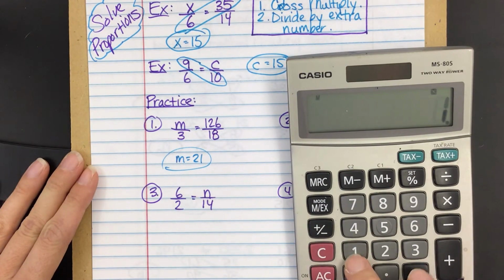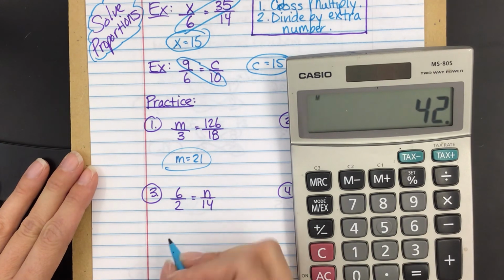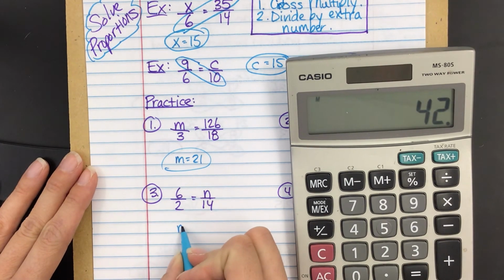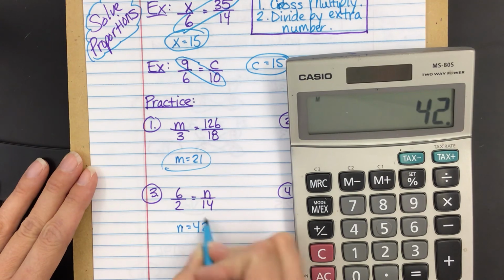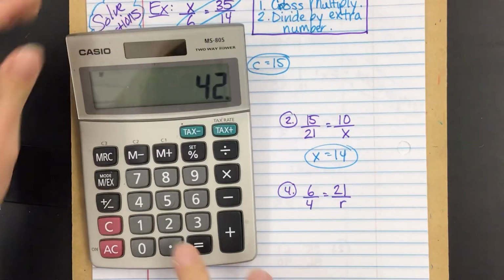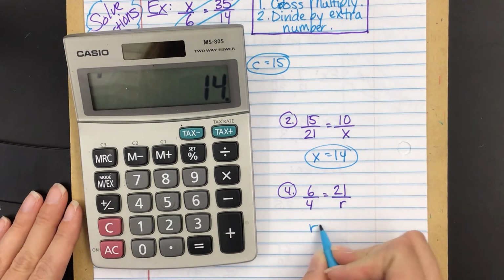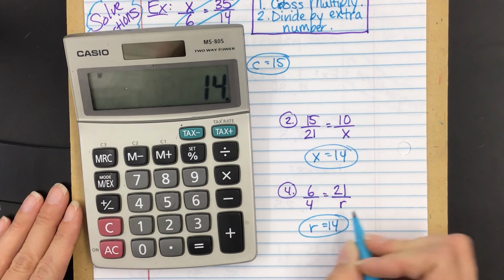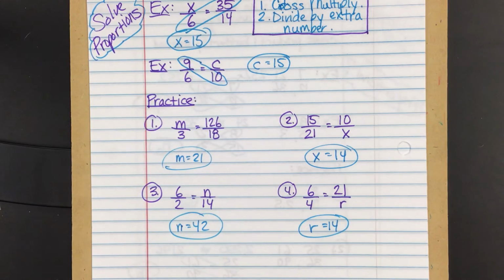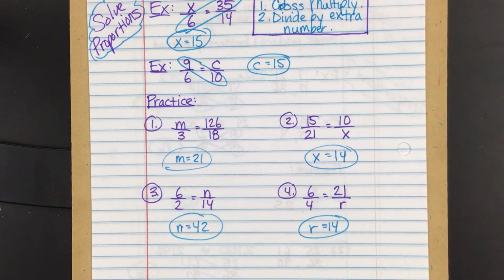Okay. 42 for 3? Great. And then 4 times 21 divided by 6. 14 for 4? Great. Okay, I have one more example to show you real quick because you're going to see something like this on your homework. I want to make sure you're good.